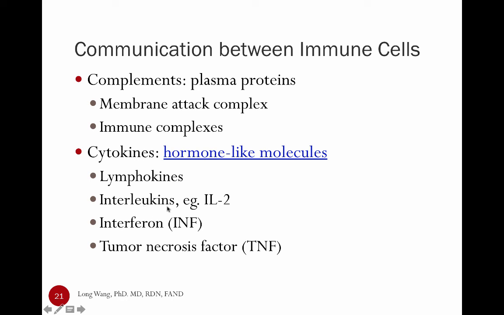So the name means these proteins do the crosstalk among white blood cells, interleukins. By now, there are about 20 different interleukins. So you will see IL-2, IL-6, IL-18, things like that. Sometimes you even have a number followed by a letter. So basically, they're subtypes of the same type of interleukin.